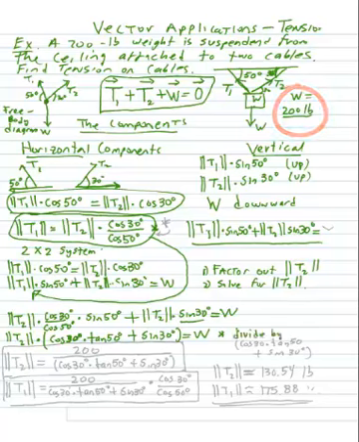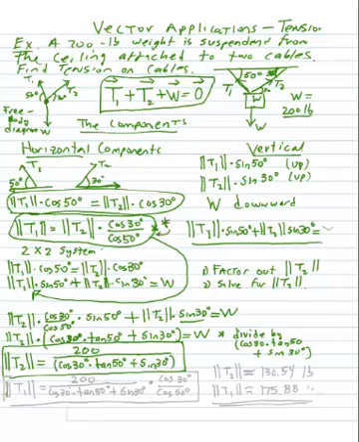Dividing, we come up with an expression. The magnitude of T2 is equal to 200 divided by, in parentheses, cosine of 30 degrees times the tangent of 50 degrees plus the sine of 30 degrees. Now that we have that value, we can find the magnitude of the tension in T1.